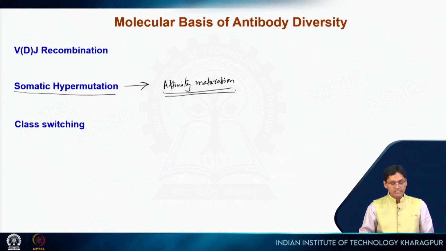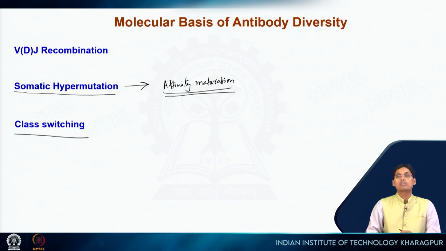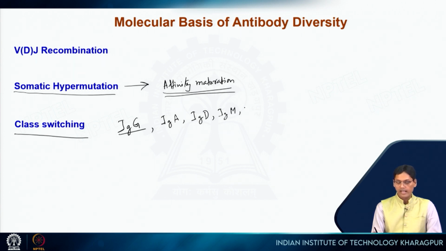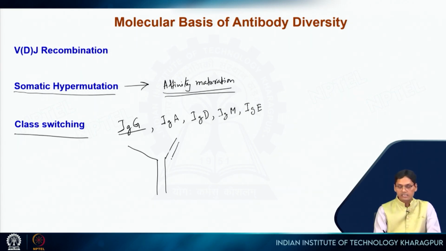And besides somatic mutation, another important thing is there, that is called class switching. The conventional antibody I referred to earlier is IgG. But there are other groups of antibody as well, for example IgA, IgD, IgM, and IgE. Now, if you see the antibody structure, say something like this, this is heavy chain and this is light chain.